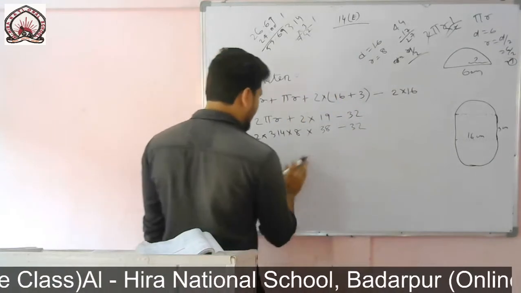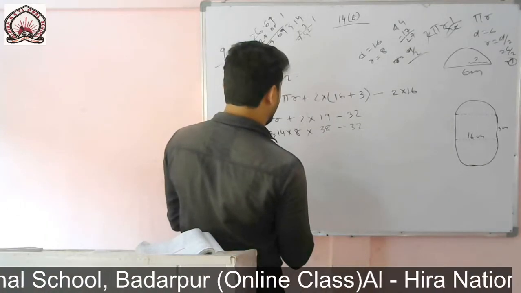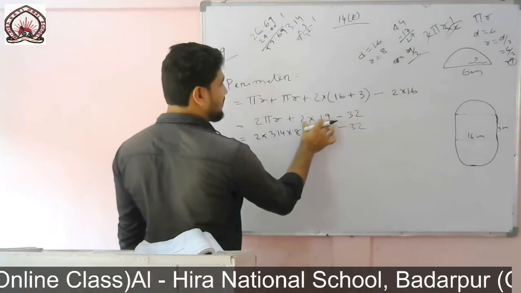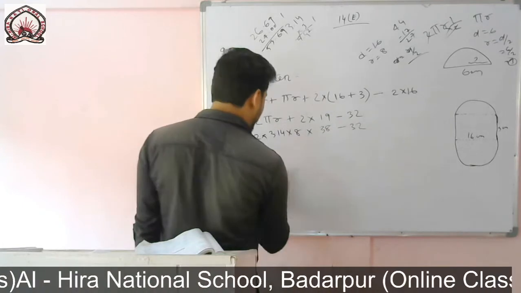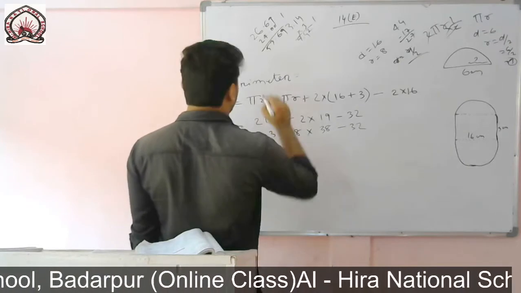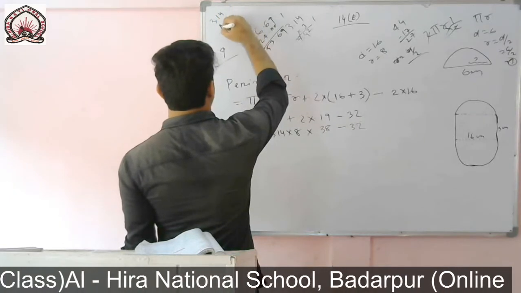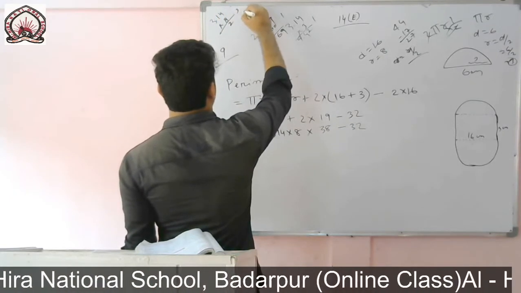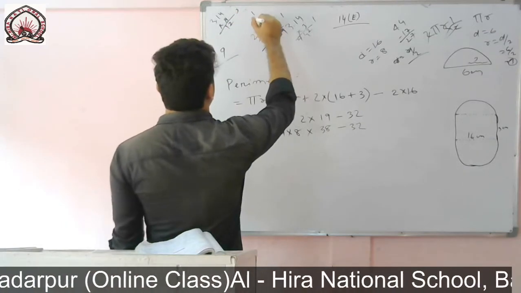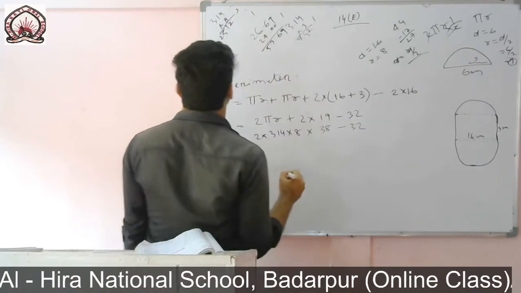Now you multiply, you will get the answer. 3.14 into 8 is 25.12.